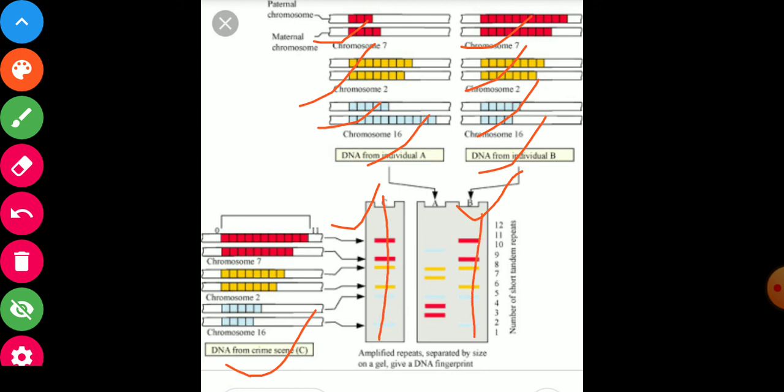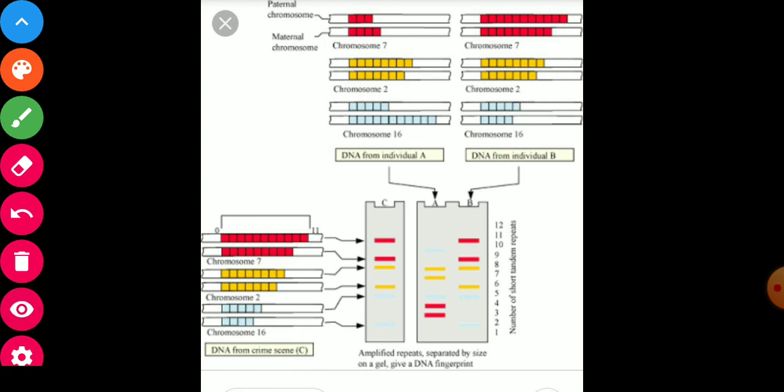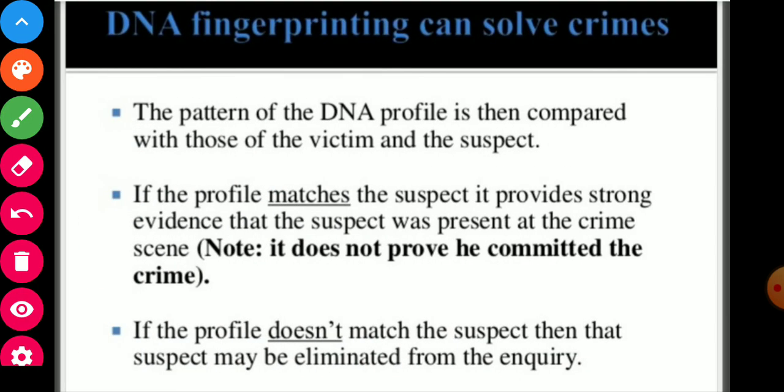It means the crime scene sample C is matching with person B. So the individual behind the crime is B. Now the pattern of the DNA profile is compared with the victim and suspect you have seen there, and whichever is matching is the one behind the crime.